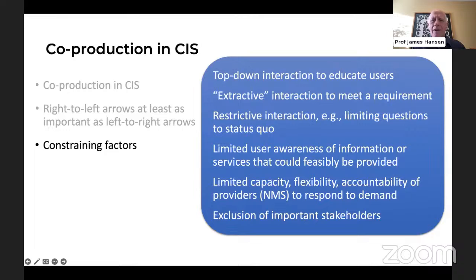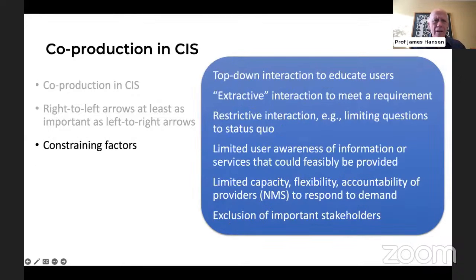And so they may not have a lot of accountability or mandate or even freedom to really step up and serve the agricultural sector if they're not within the Ministry of Agriculture. So that can limit their ability to respond as they do learn about user needs.